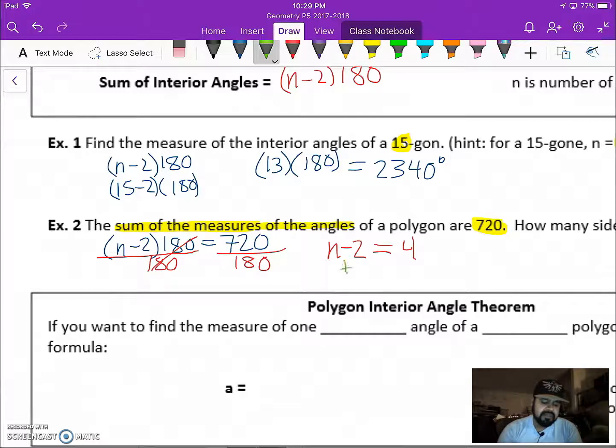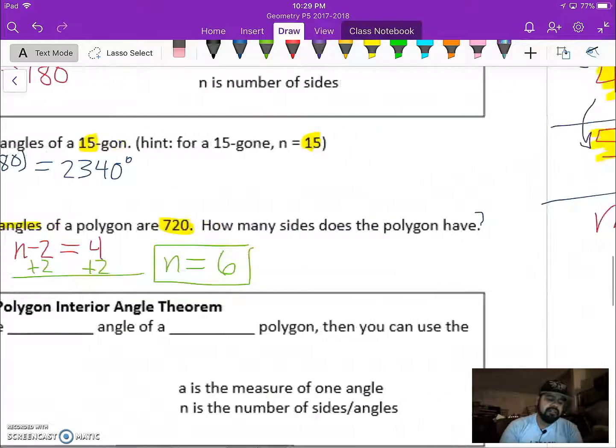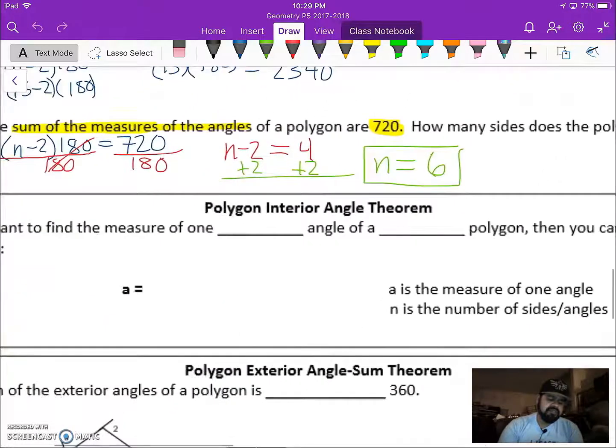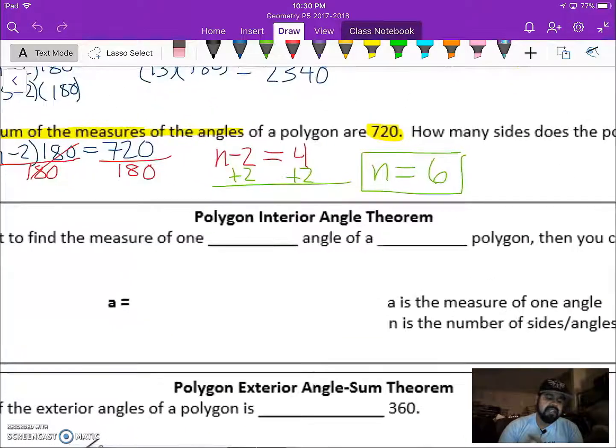Back to algebra land, we're going to add 2 to both sides. So then we find that n equals 6. Now, the question does not say what shape it is, so we don't have to say it's a hexagon. It's just asking how many sides our shape has. So we say it's 6 sides. Now the question is, what if I want to find the measure of one interior angle?